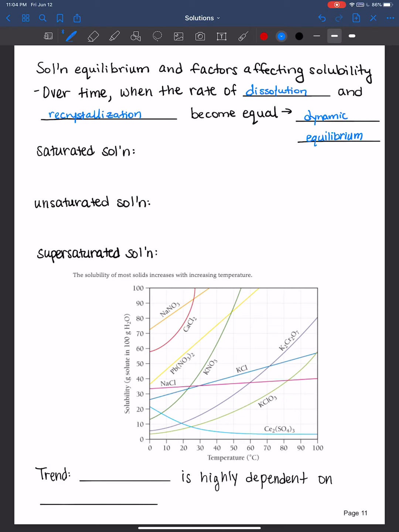Well, that means that the dissolved solute is in dynamic equilibrium with the undissolved solute.